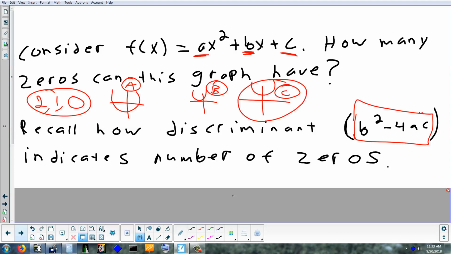That's this case. If it comes out equal to 0, well, that's this case. If it comes out greater than 0, like say it comes out to 9, that's this case. Because if I were to take the square root of 9, I get 2 answers. So keep that in mind. Less than 0, equal to 0, more than 0, tells you which case you have.